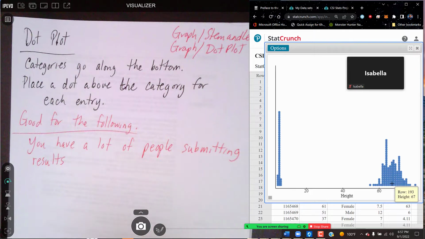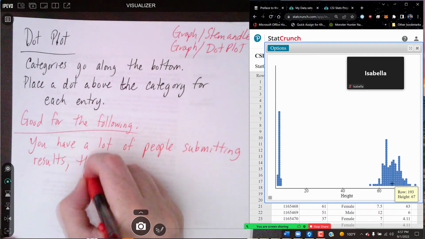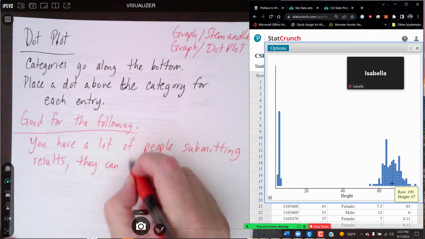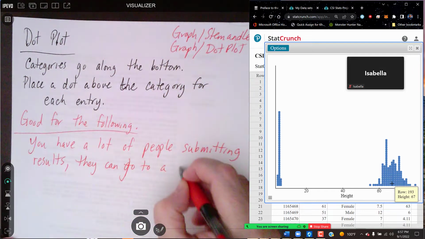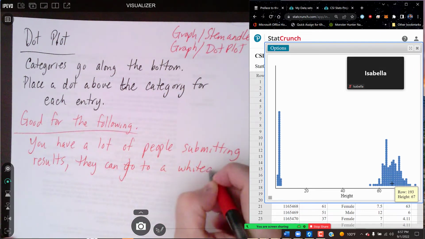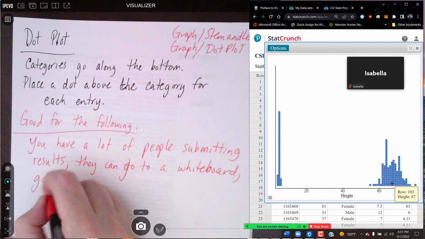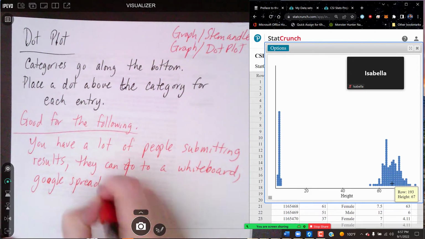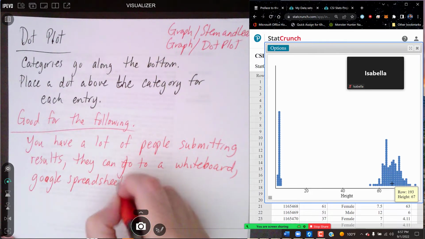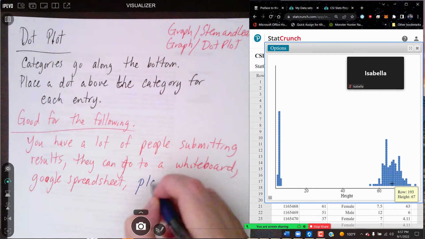So everybody can go do it at once, as long as there's room. They can go to a whiteboard at school, or a Google spreadsheet online, something like that. And from there, they can place their own data.